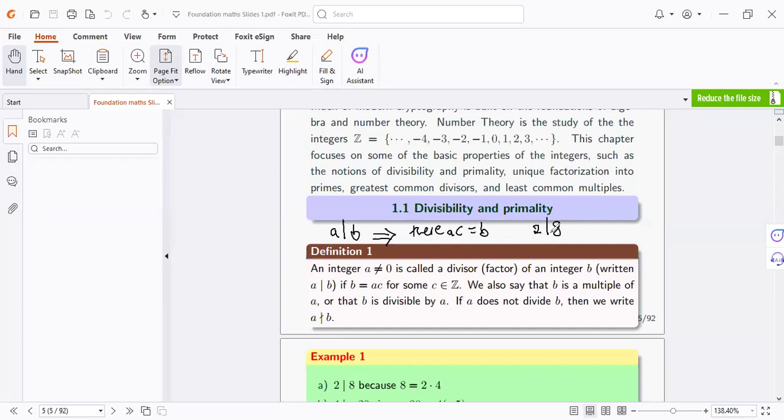What this means is that I can get a number 4, which when multiplied by 2 will give me 8.